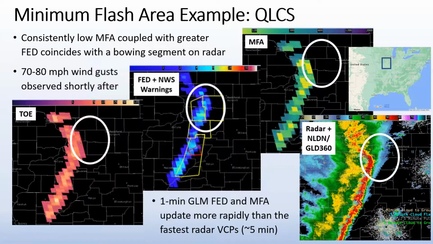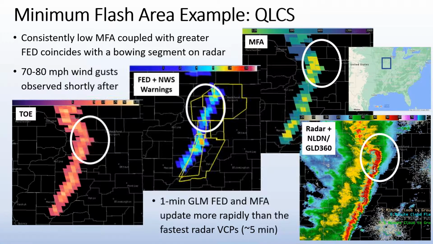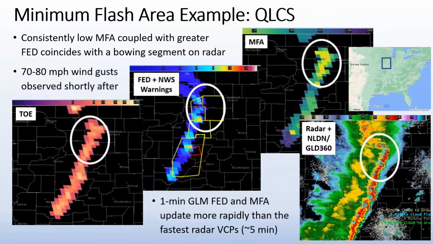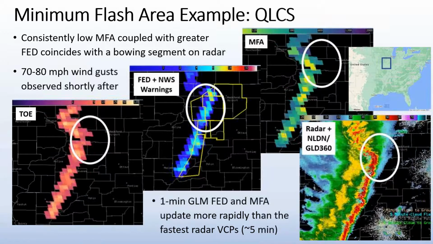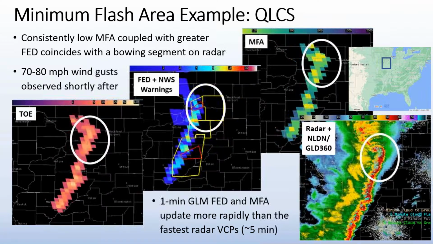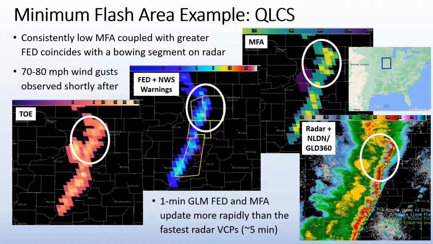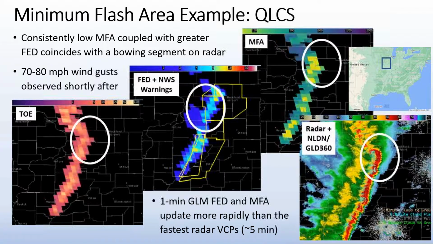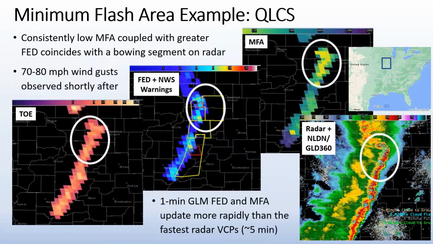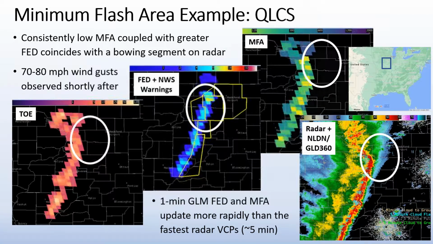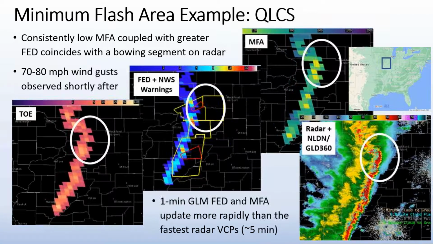So that's another added advantage here, similar to other satellite products, but these GLM gridded products are over the full disk. And so that's an extra benefit in a warning environment, is getting 4 or 5 images from MFA or FED and TOE before you get your next radar scan or complete radar VCP.